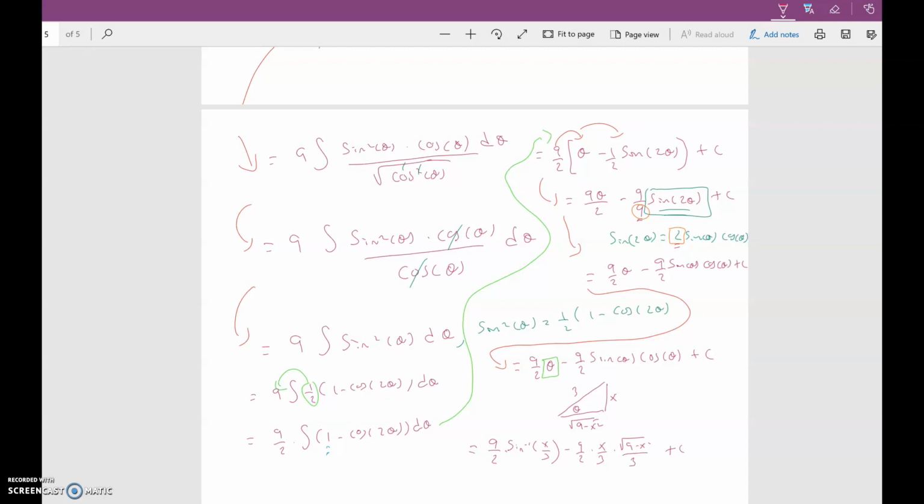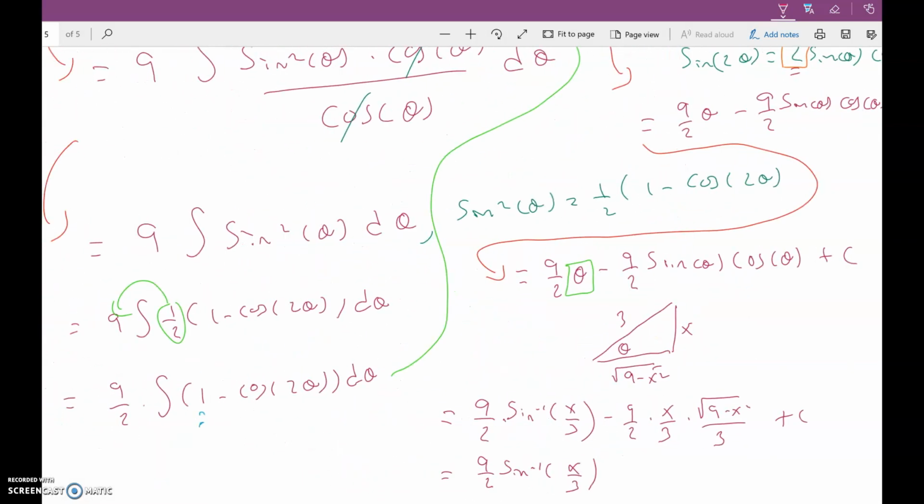And then let me simplify these as much as possible. So this is still the 9/2 sine inverse of x over 3. From this fraction, well, 3 and 3 cancels the 9.